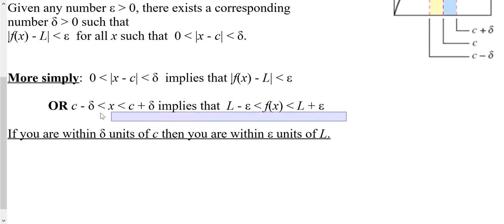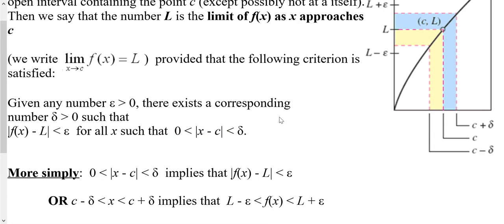For me, I prefer to look at it like this. Basically, I like to say my function is between my limit plus epsilon and my limit minus epsilon.